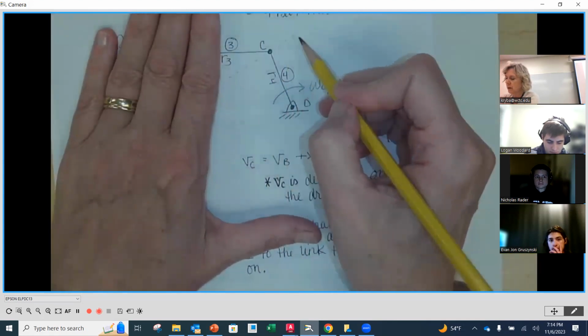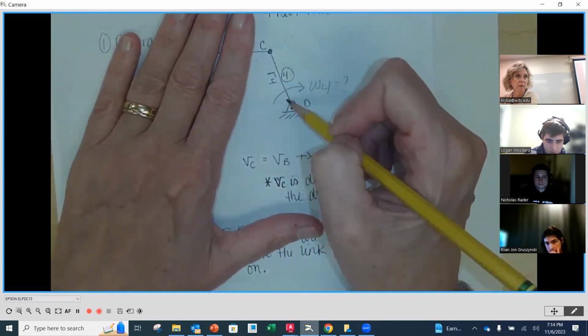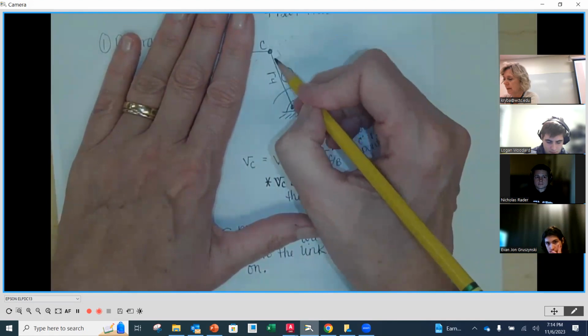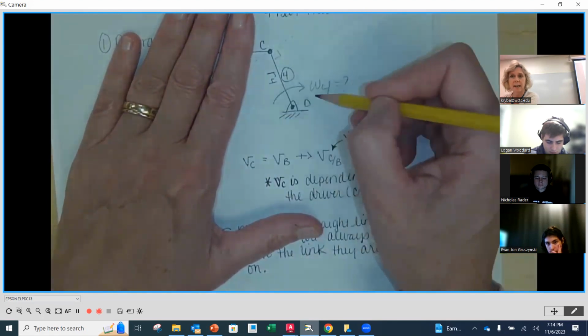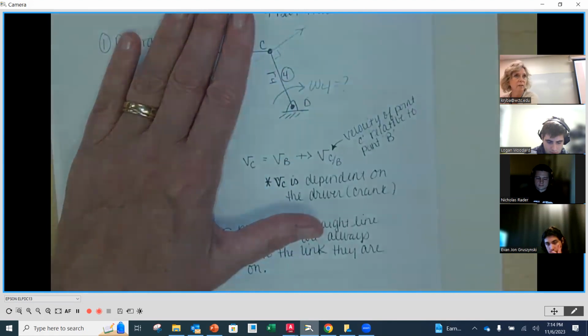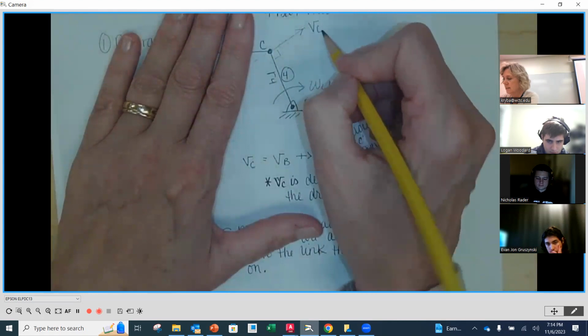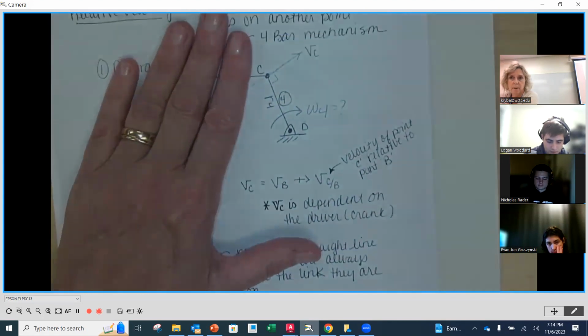Perpendicular to the link or the radius back to where it's rotating around, right? To its center of rotation, perpendicular. And because this is going in a clockwise direction, this is going to go up and to the right, correct? We would expect that, right? So we would call this VC.